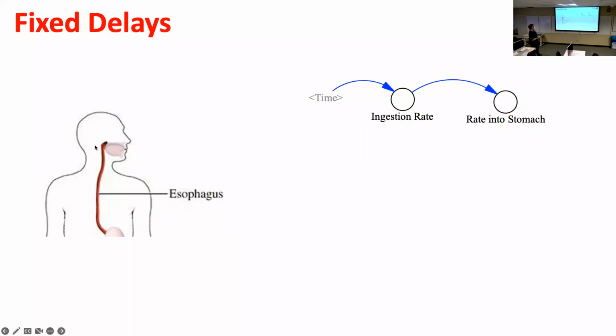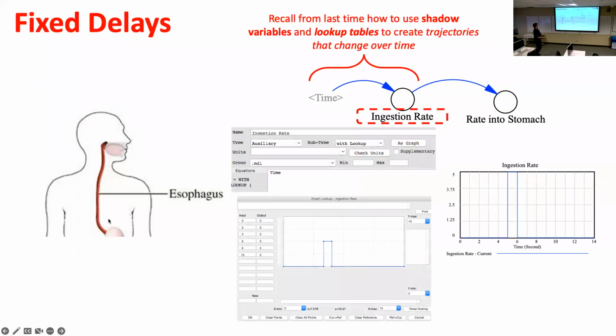And so you would imagine that whatever the pattern of food intake looks like here, it's going to look just like that, but a few maybe seconds later as it hits the stomach, because things kind of flow together down the esophagus.